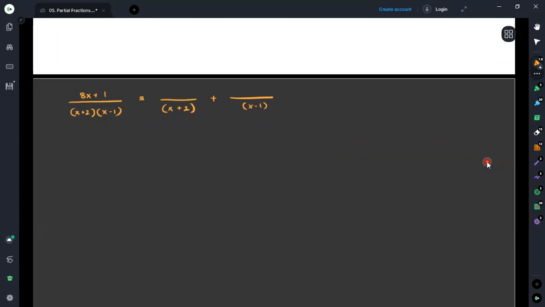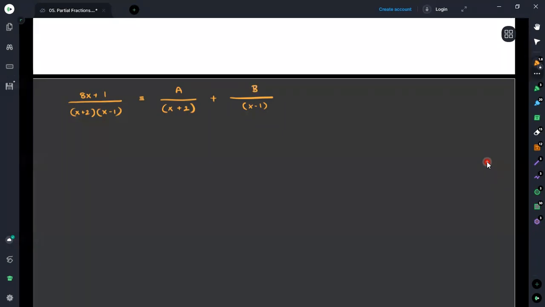Then to be a proper algebraic fraction, this should be a constant only. If it is x plus 2, a linear factor, then we can have this value as a constant. It is because once you decompose into partial fractions, there cannot be any improper fractions. Here we can use another letter, b.